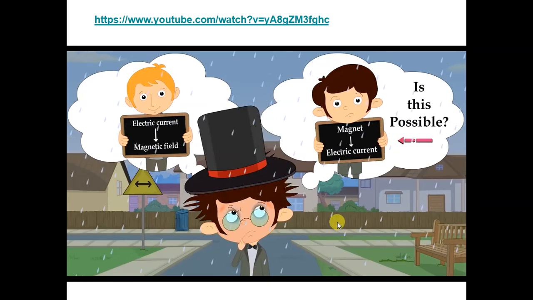He starts to think, like, if electric currents can produce a magnetic field, is the opposite possible?